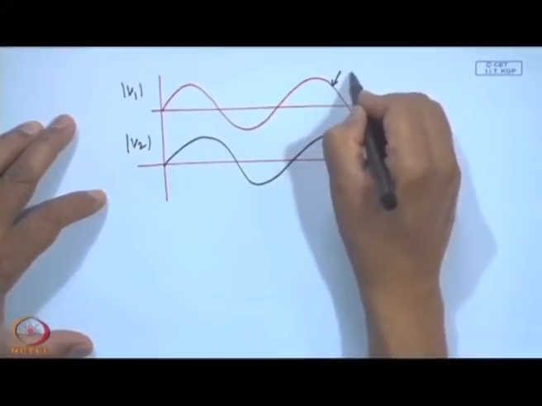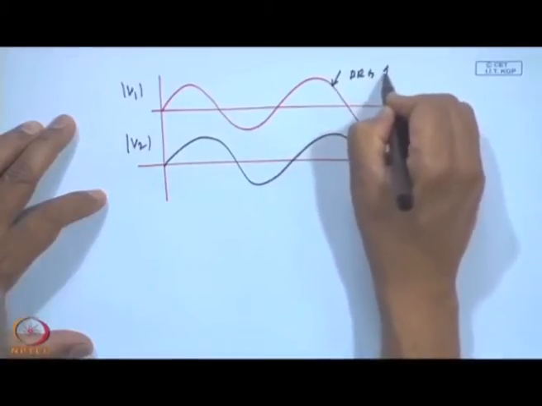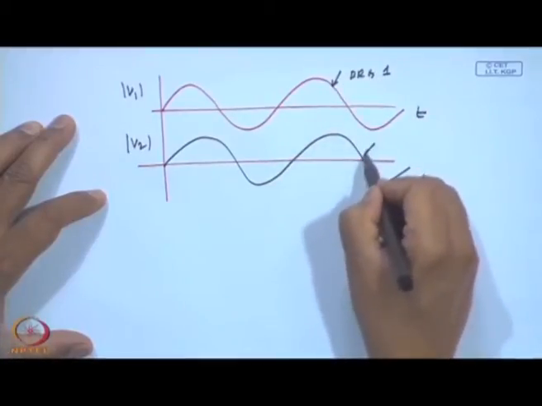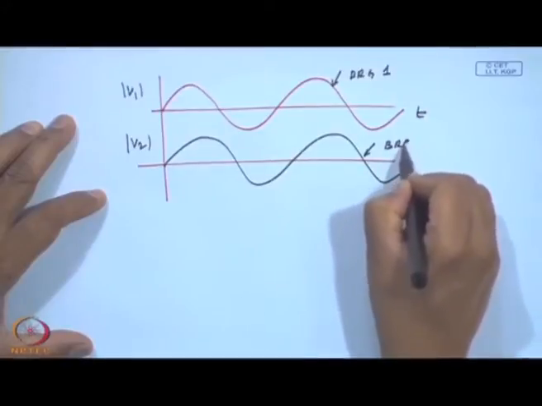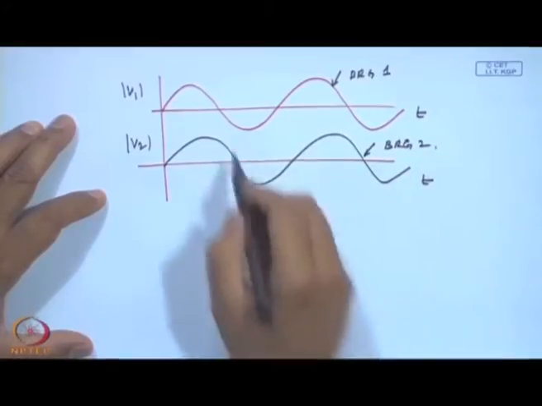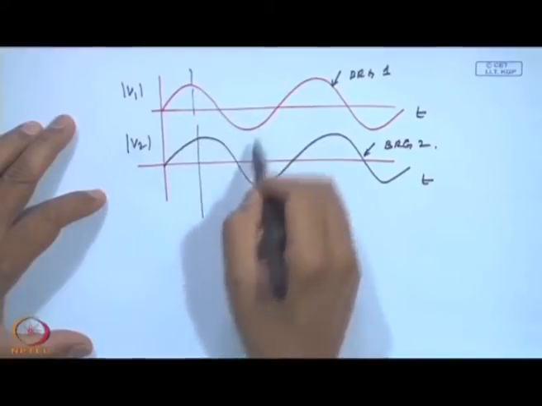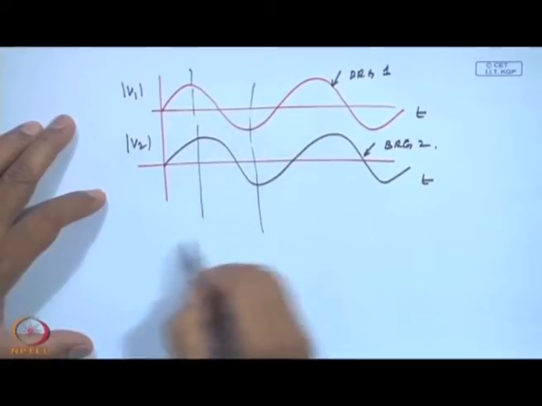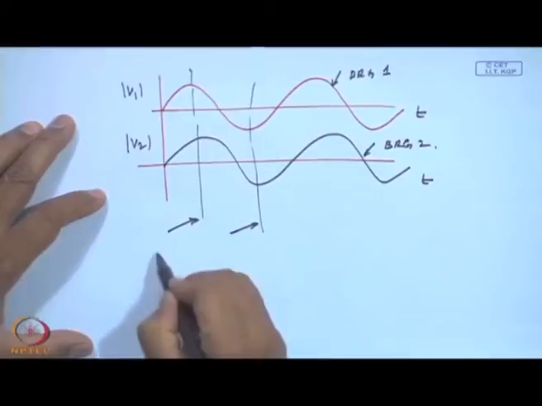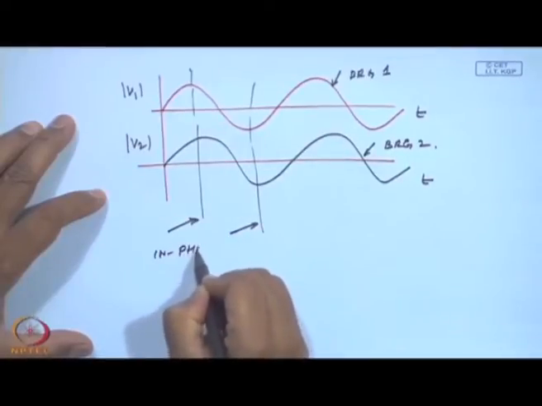Okay, this is for bearing 1 and this is for bearing 2. By in phase, I mean whenever this one is a maximum, this one is a maximum. Whenever this one is a minimum, this one is a minimum. So, they are all in phase.